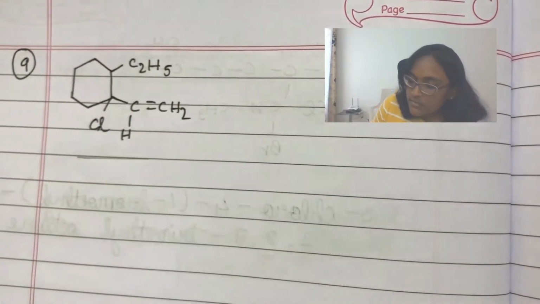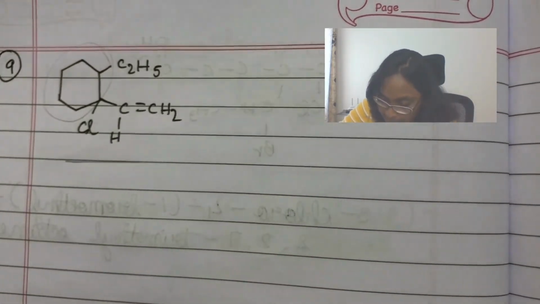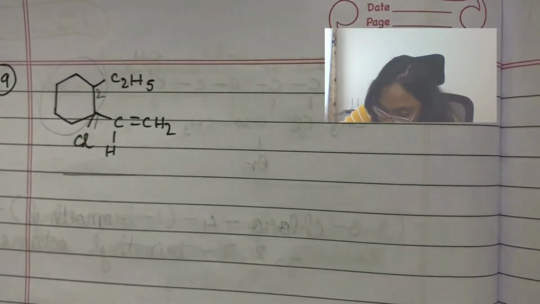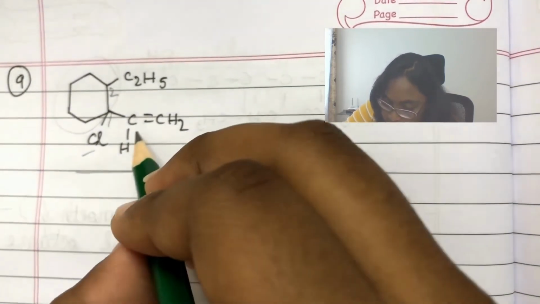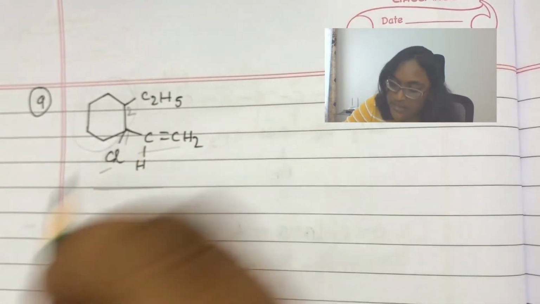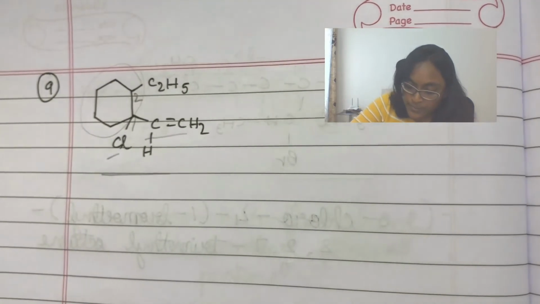The ninth task is this structure over here. So we see that we have a cyclic 6-membered ring, and we take this as our first carbon and this as our second carbon. On the first carbon there is a chlorine. This is an ethenyl group, and on the second carbon there is an ethyl group.